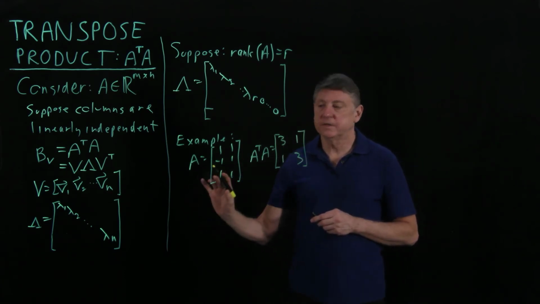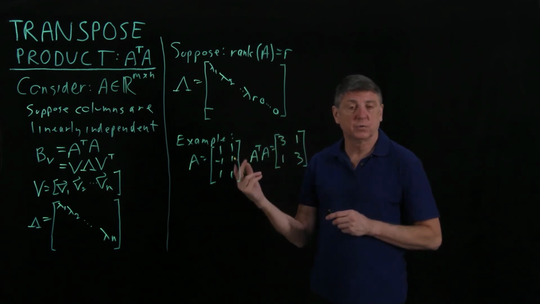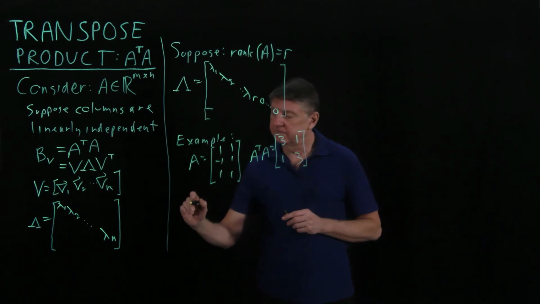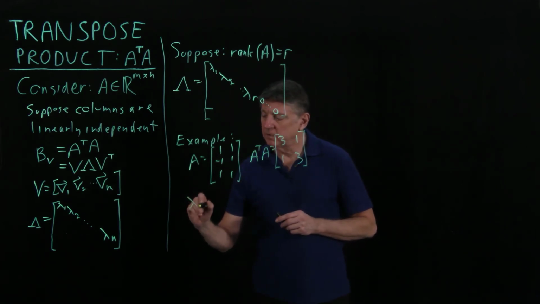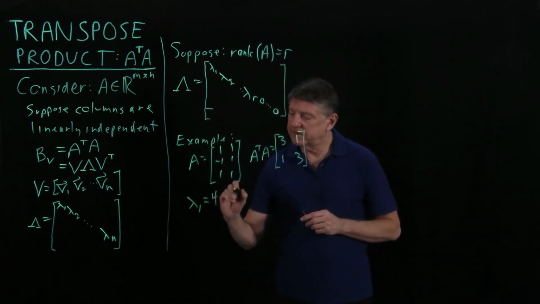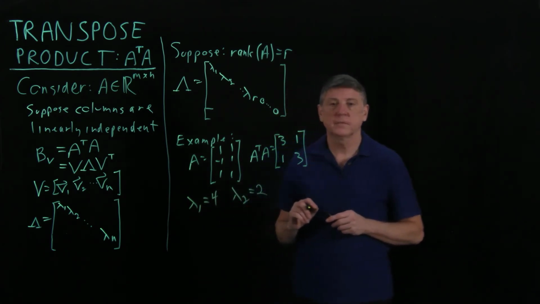And we wrote the eigenvalues in a different order. Now I want to order the eigenvalues in decreasing values. So I'll write eigenvalue 1 as 4, and eigenvalue 2 as 2.